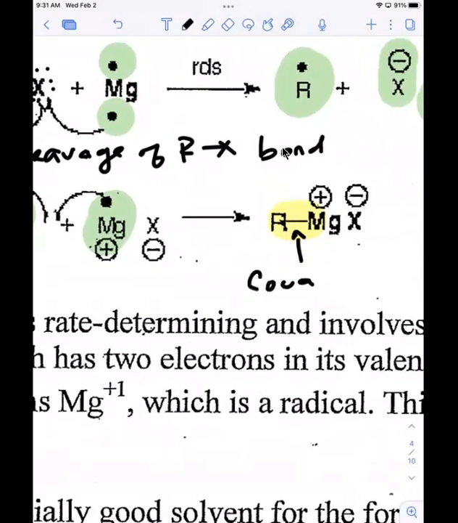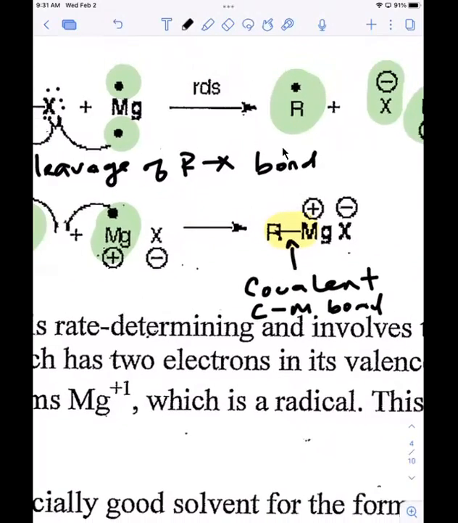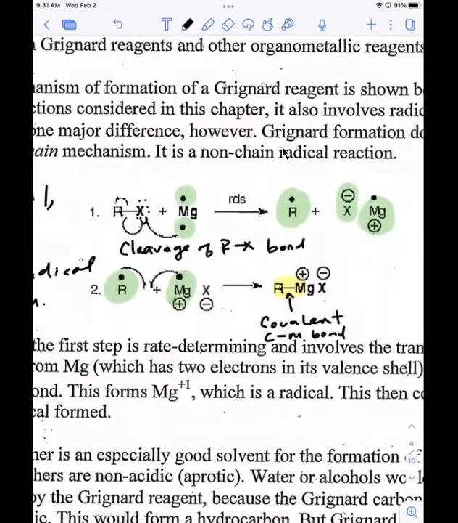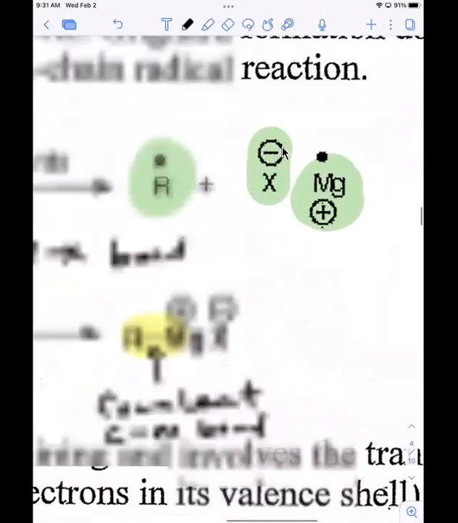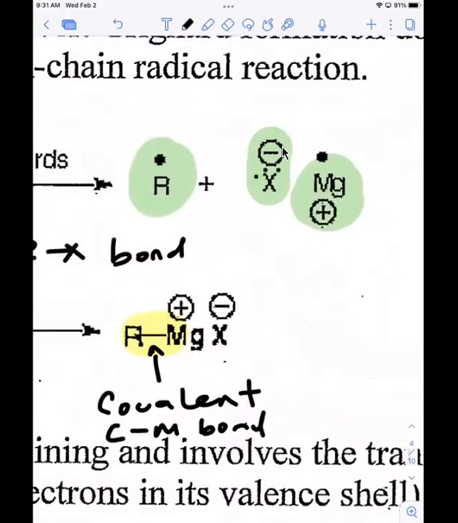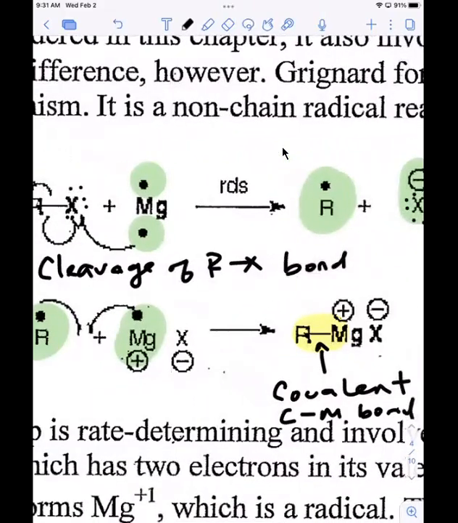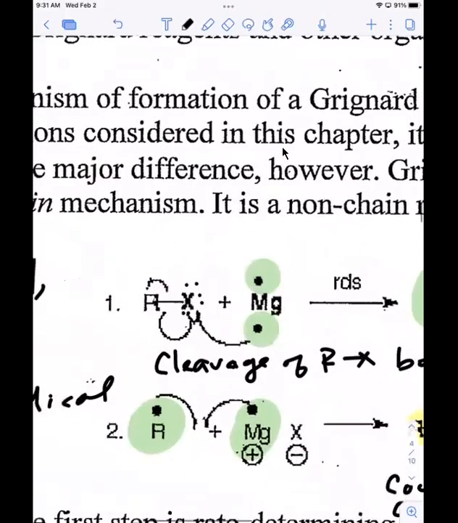For the halogen in the first reaction, on the product side, did it gain 2 electrons? No, it only gained 1. It took 1 from the bond, and it got 1 from magnesium. It already had 3 lone pairs. Let me show it this way. If I break this homolytically, I'm going to have this.